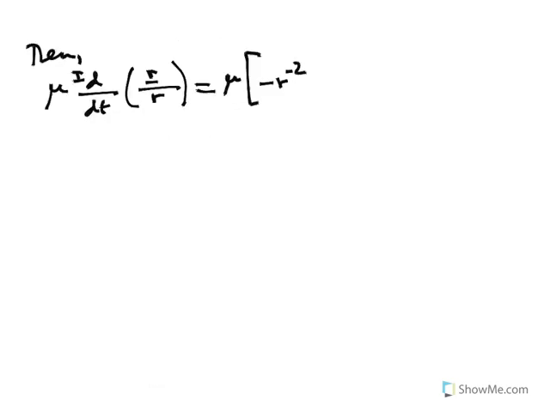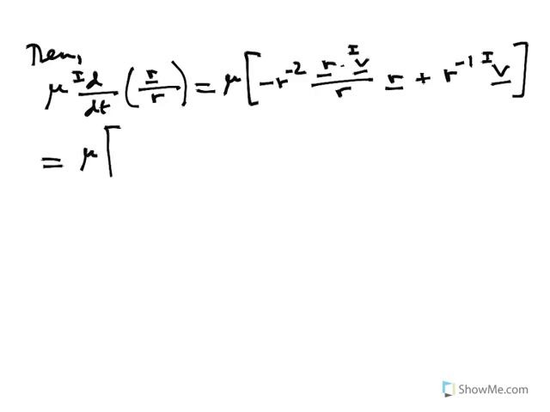But r dot is equal to r dotted with vi, all divided by r, the whole thing times the position, plus the inverse of the radius times the inertial velocity, which can be rewritten as mu times minus r dotted with vi, all divided by r cubed times r, plus vi, all divided by r.